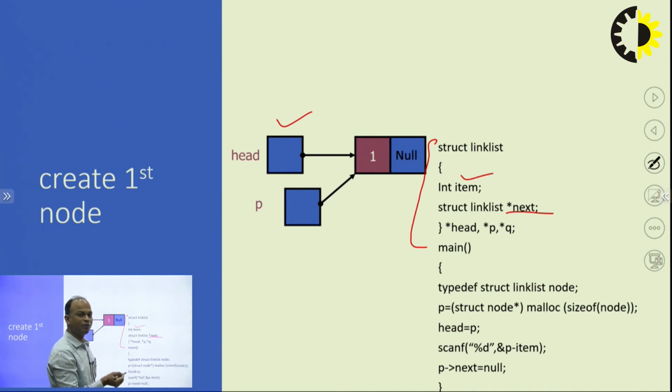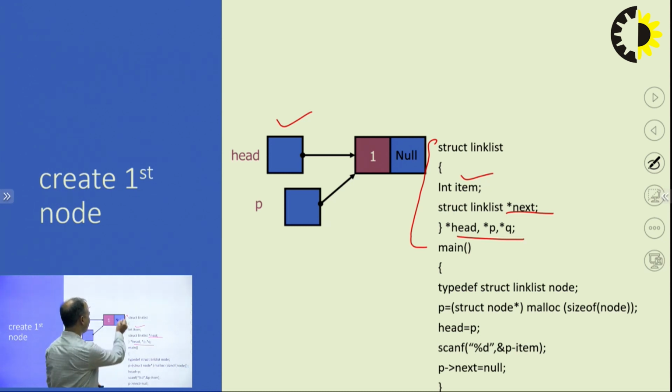This is required for the linking purpose, and we need 3 pointers. 3 pointers are required to create n number of nodes. Through these 3 pointers we can create n number of nodes, and the head pointer always points to the first node.